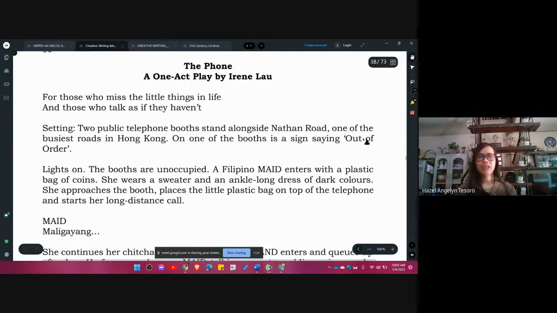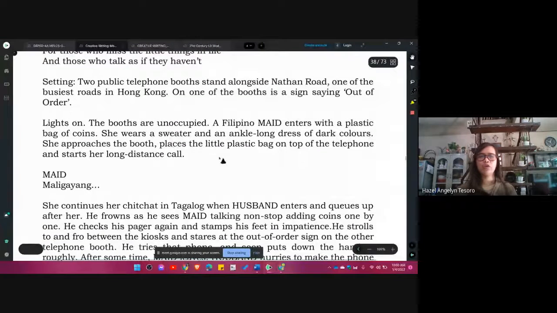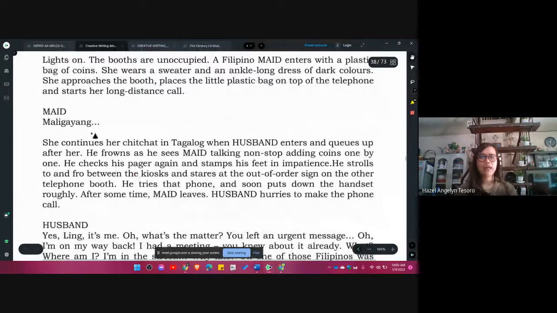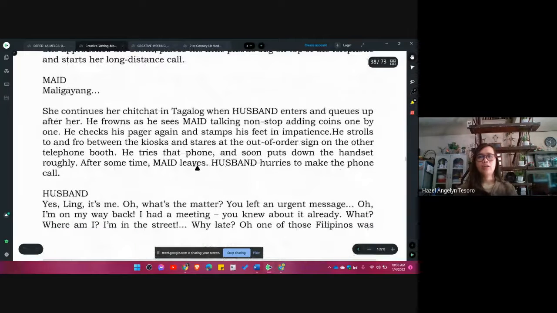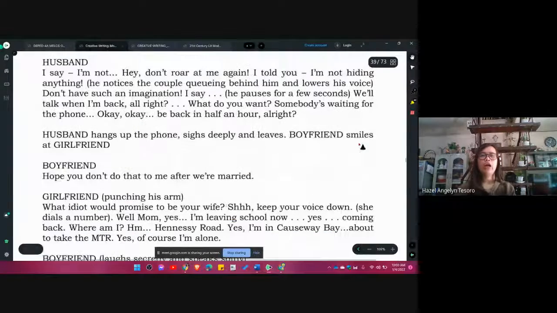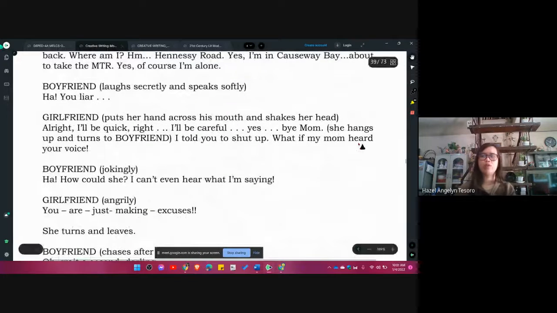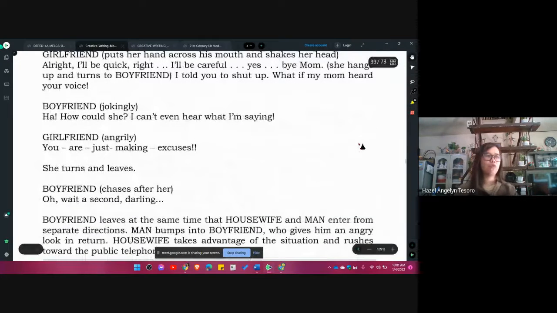Now, ayan, we have the setting, lights on, ayan, so ito yung instructions already, ayan, and then dialogue, these are other instructions, ayan, so you can set that as a sample, no? Importante na as a writer, you are reading din, no? Because you cannot be able to write if you have limited reading experience, ano?